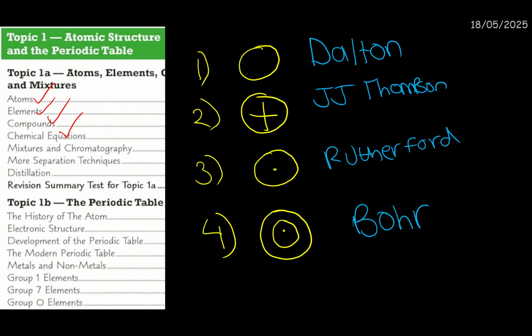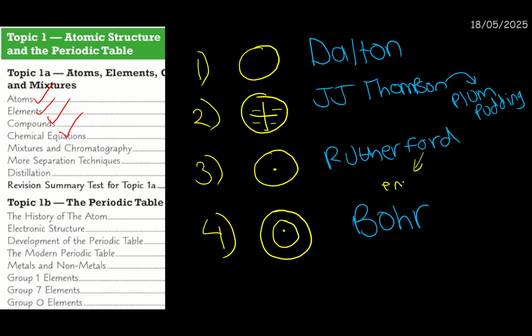Okay, so what did Dalton say? Dalton said that the atom is the smallest possible thing to exist, and that atoms are spheres, little circles. J.J. Thomson proposed the plum pudding model, which is a ball of positive charge with negative electrons embedded in it. Rutherford came along and did the gold foil experiment, and he came up with 2 things. He said that most of the atom is, what is most of the atom, Anaya?